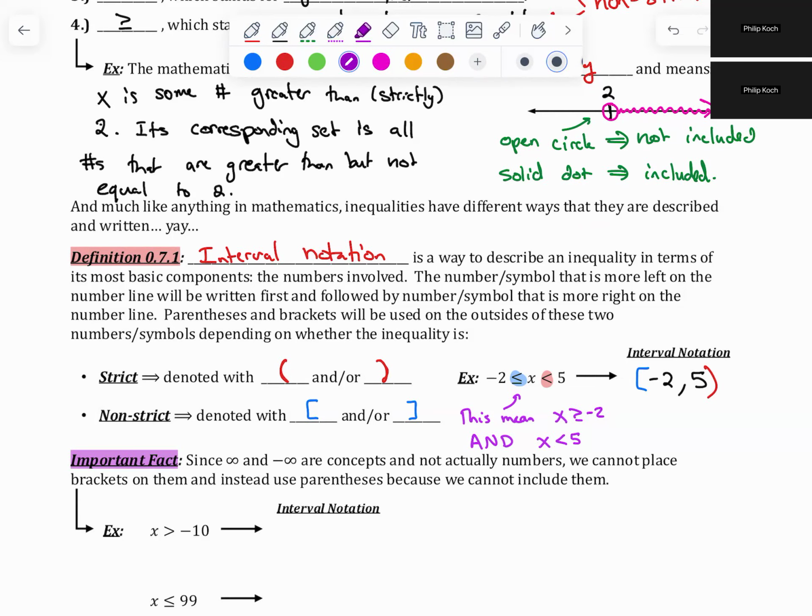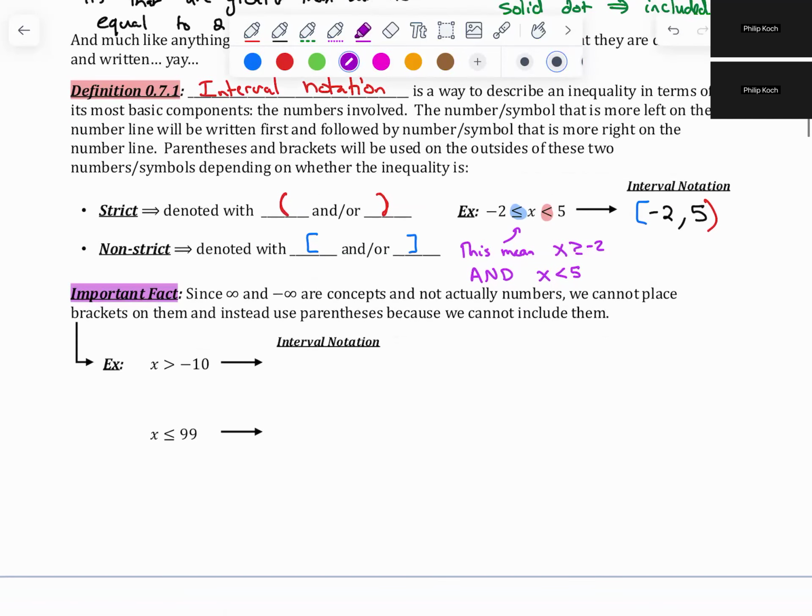Because you can never reach infinity, right? As soon as you try and reach infinity, it just becomes one more. And then you try and grab that one, it just keeps going more and more and more. So since we cannot actually include it, we have to use parentheses. So if I say x is greater than -10, that's going to be all the numbers that are to the right of -10. And it's a strict inequality.